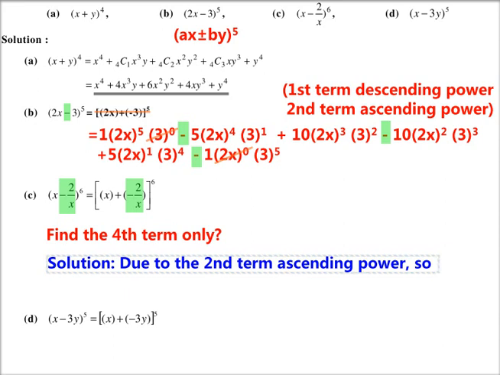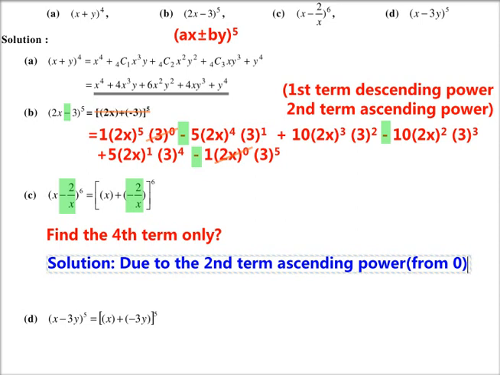Because ascending order is starting from 0, we're starting from power 0.